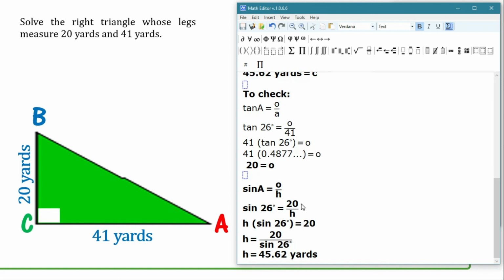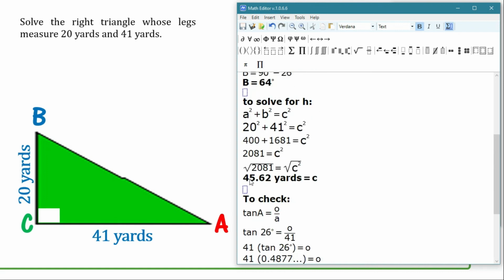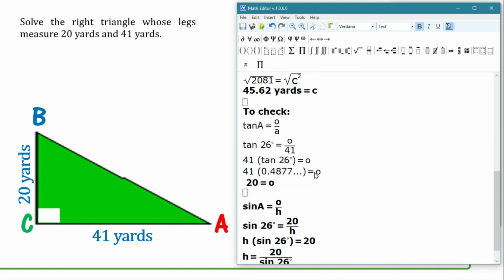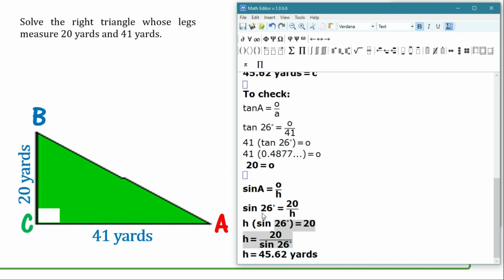Wherein, nakuha natin siya using the Pythagorean theorem na katulad din nito. That is 45.62 yards. So, indeed, our computation is correct. Okay, so that is another case in solving right triangle, or in the case is that we are given the measure of the two sides of a right triangle.